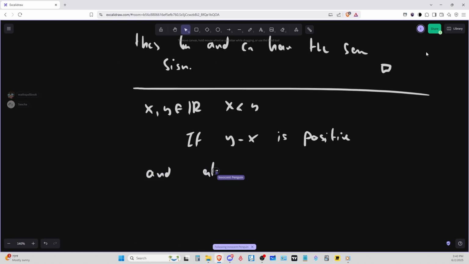Also x is less than or equal to y if either x is strictly less than y, or x is equal to y.